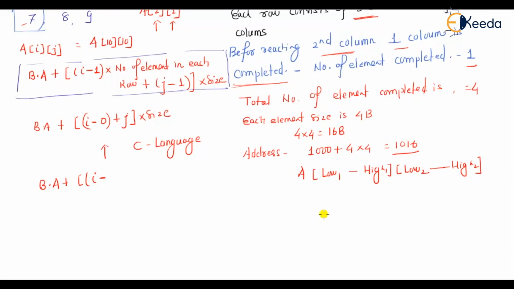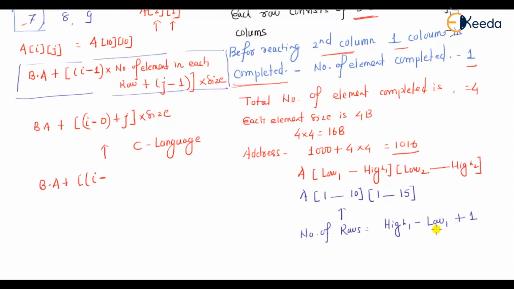Generalization means it is applicable everywhere. Now, suppose I have written it as 110, and here I have written 115. You can re-verify this result. So the number of rows will be represented by high 1 minus low 1 plus 1.